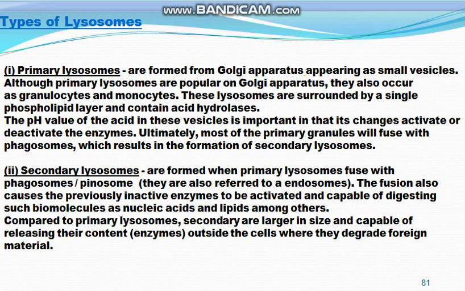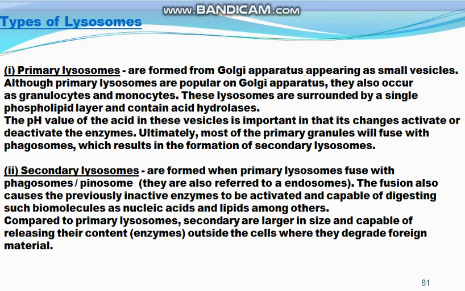So basically, secondary lysosomes are formed by the fusion of primary lysosomes with phagosomes or pinosomes, and then they are called endosomes. Fusion makes the enzymes active, and these activated enzymes inside the lysosome are capable of digesting biomolecules like nucleic acids and lipids.